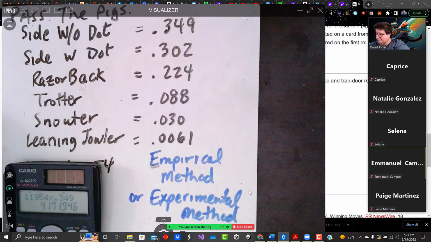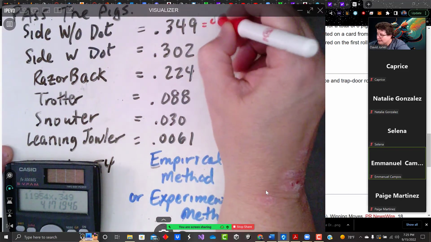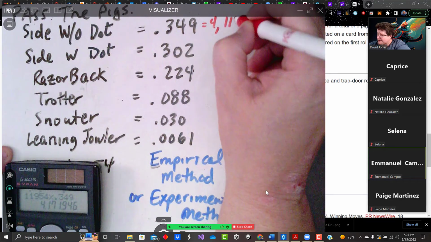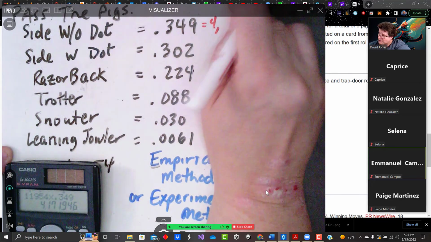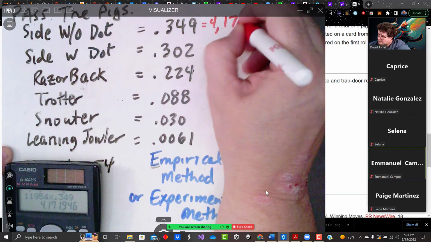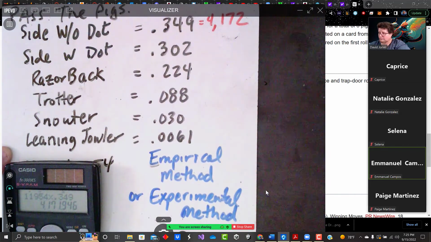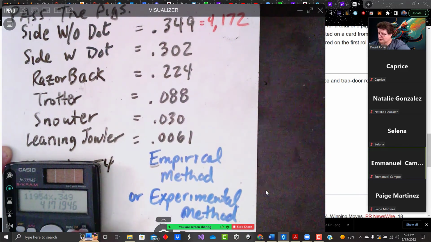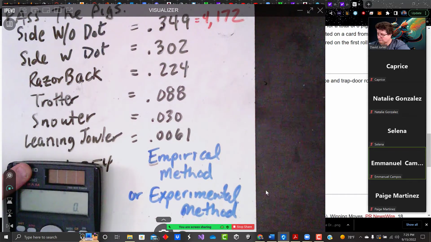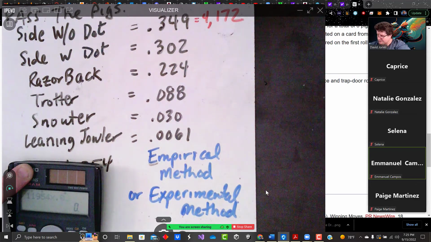And I'm going to get, if I round to the whole number, 4,172. And I could do this for all of them, but I'll just do it for the top one and the bottom one. Times 0.0061.